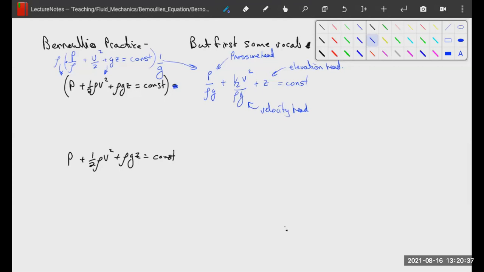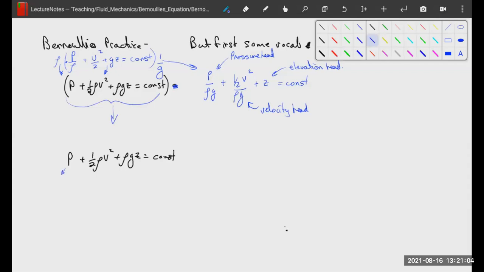Not so useful anymore, unless you deal with height a lot, like civil engineers, in terms of draining fluids and with dams and things like that, where you have large changes in elevation, and that's primarily what you're concerned with, right? Another way to do it is we take this equation again, where everything's in terms of pressure. In that case, we also have names for each of these parts.